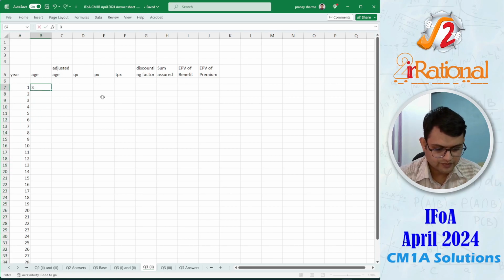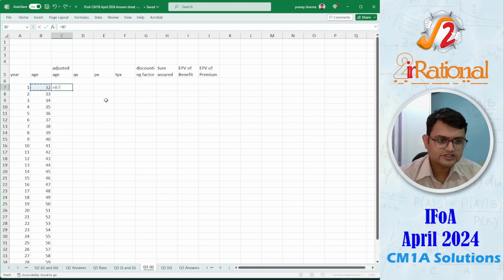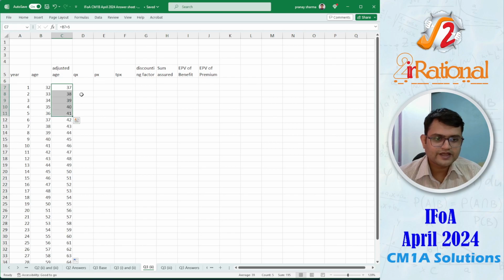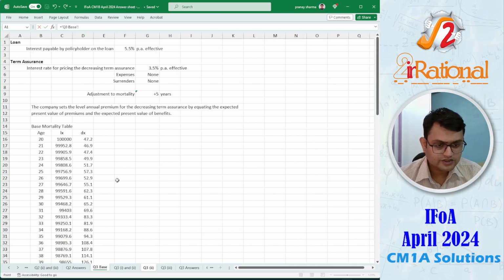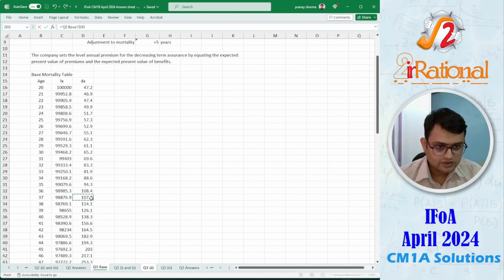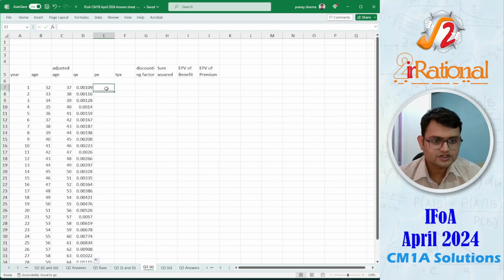Age is starting from 32. Adjusted age is plus 5, I'll just do this plus 5. And according to this, we'll calculate the qx. qx is nothing but d37 by l37. That's qx. px will just be 1 minus qx.